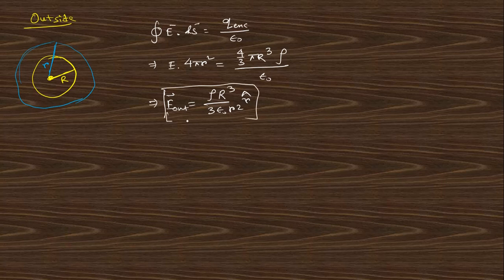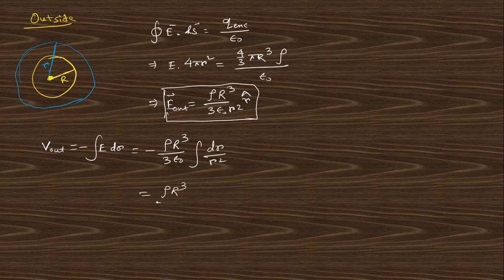This is the outside electric field, and the corresponding outside potential is minus E dot dr. So this is nothing but rho R cubed by 3 epsilon naught, dr by r squared. This is nothing but minus 1 by r, so this will be rho R cubed by 3 epsilon naught r plus C2. This is V out.